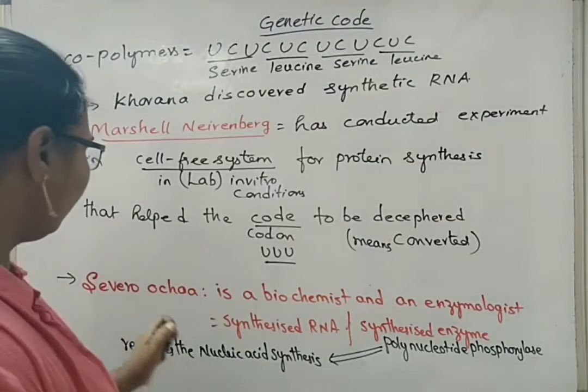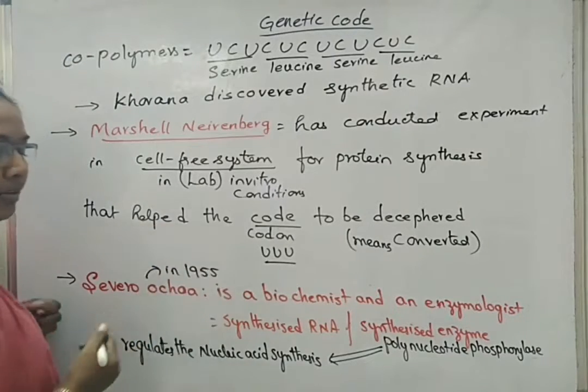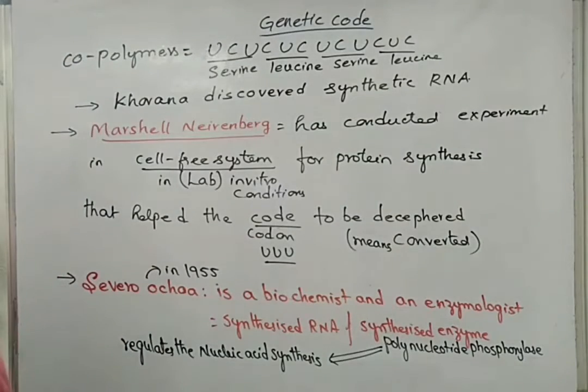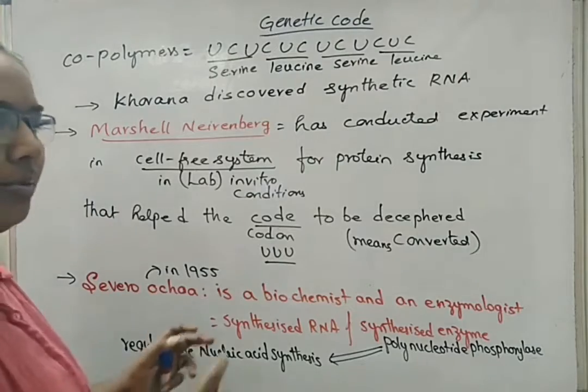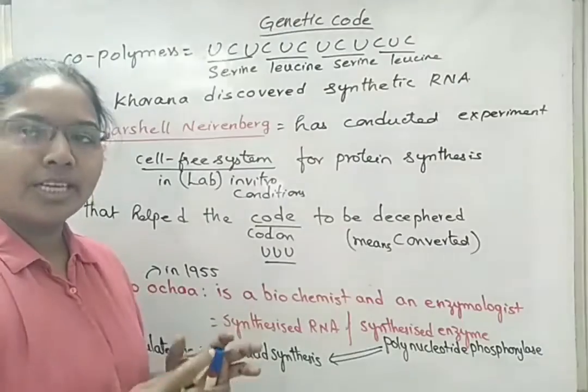So, this total work was done in 1955 year. So, basing on all these propositions, the genetic code was framed in or inserted into the checkerboard.